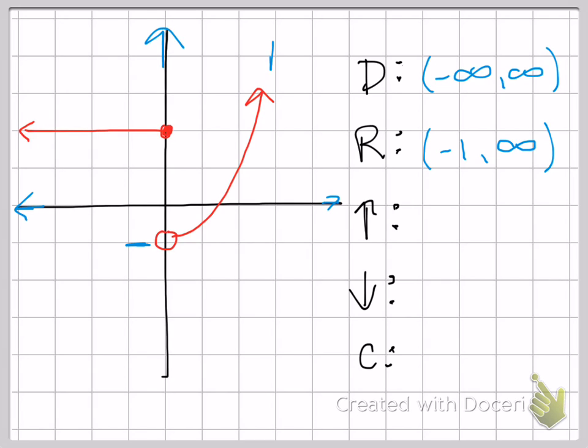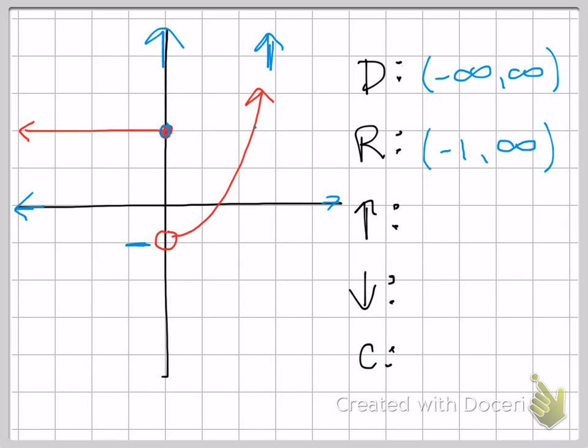This piece over here is going to keep going up. This piece is going to remain constant at the value of 2. So yes, 2 is hit infinitely many times over there, but the rest of that is going to continue to travel up. So every y value bigger than -1 will be hit.